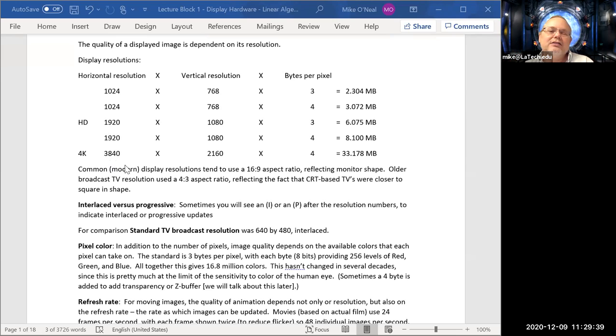Again, these are 16 by 9, but now you're looking at 33 megabytes that you have to generate per image, and you have to do that either 30 or 60 times a second, and now you can begin to see why graphics hardware needs to be so blindingly fast.